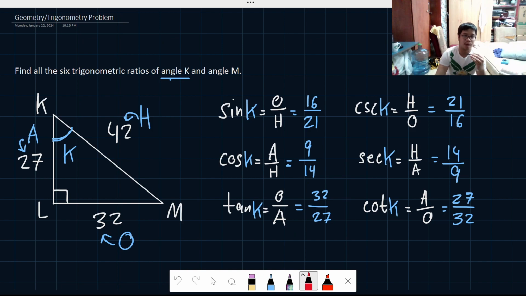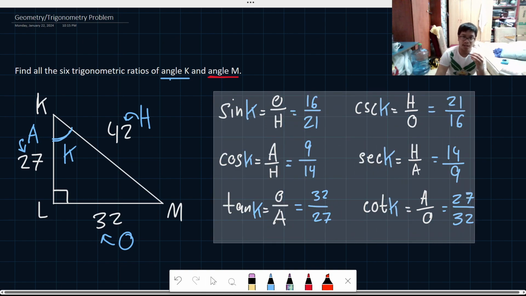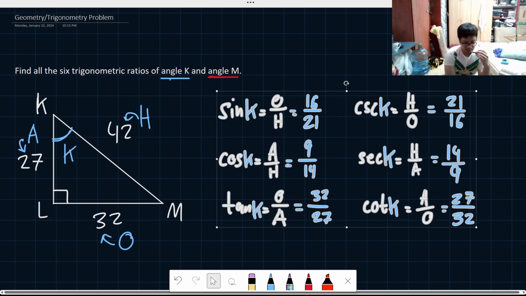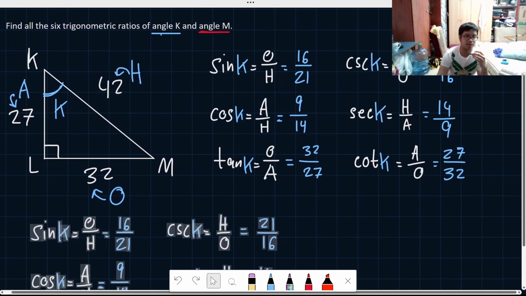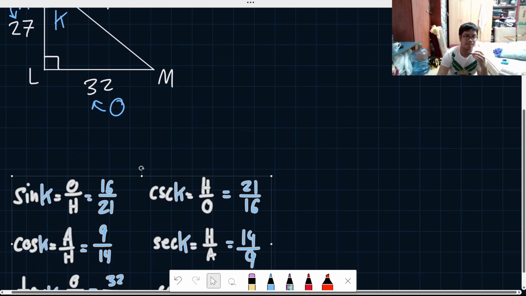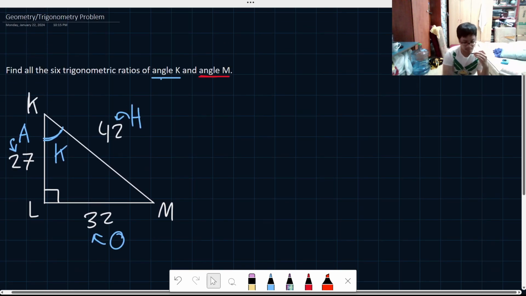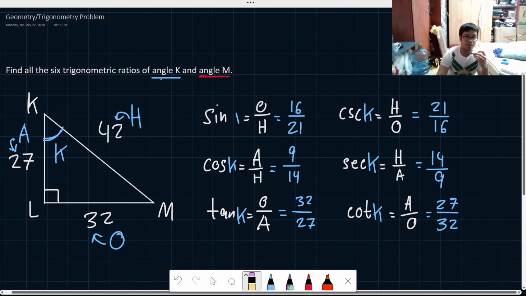Now, how about for angle M? Right? How about for angle M? So let's copy all the trigonometric ratios here. All right, for angle M, angle K. And now we're going to interchange.